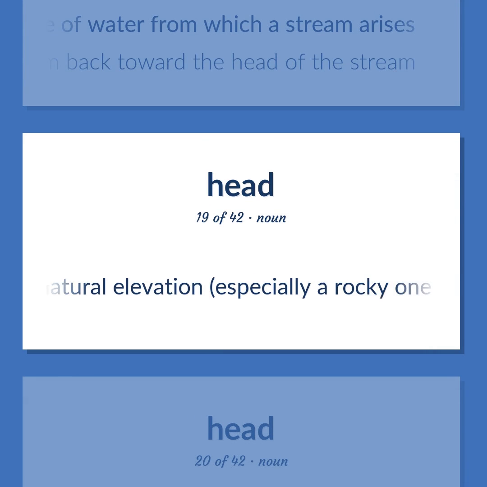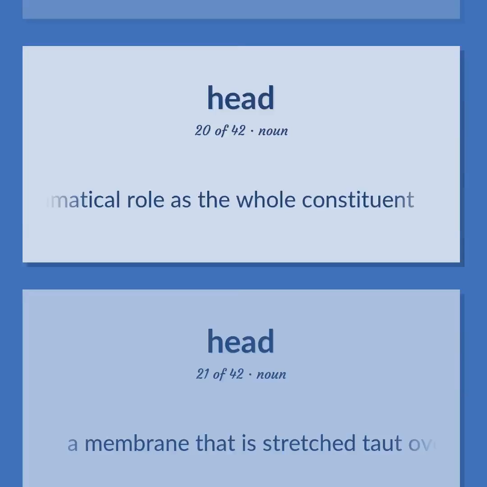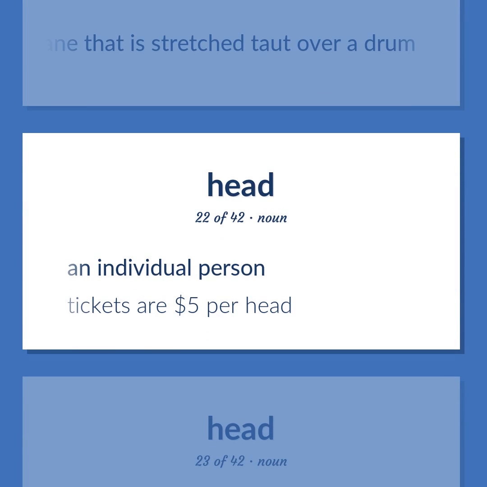A natural elevation, especially a rocky one that juts out into the sea. Grammar, the word in a grammatical constituent that plays the same grammatical role as the whole constituent. A membrane that is stretched taut over a drum. An individual person.